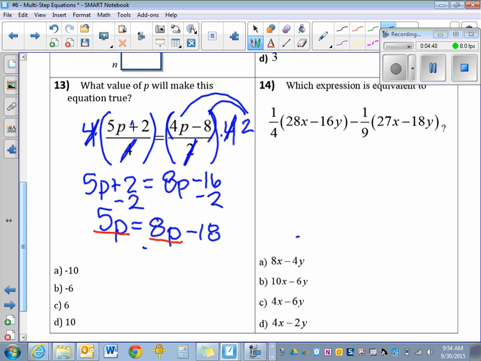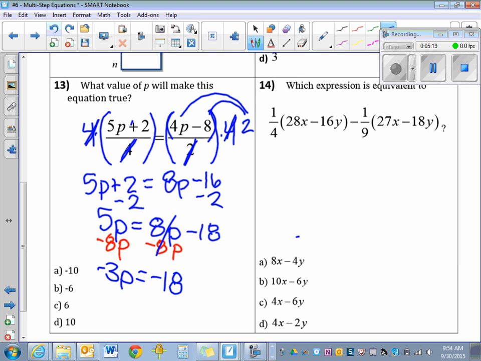Right, so we're going to now subtract 8p. I don't want that to look like addition. Right, so I'm going to subtract 8p from both sides. Now we're dealing with negatives here. So 5 minus 8 gives me negative 3p. Negative 8p and positive 8p cancel out, so I have negative 18.